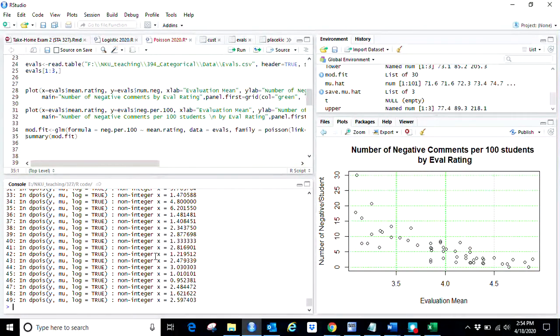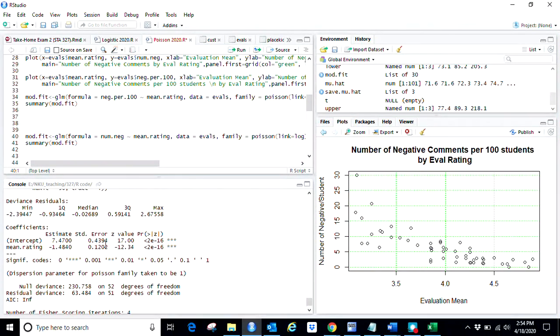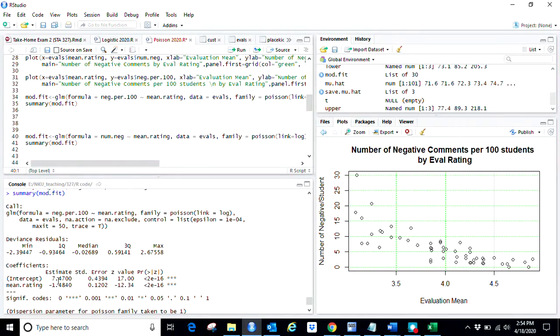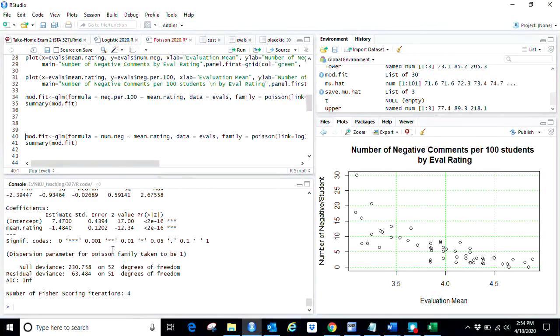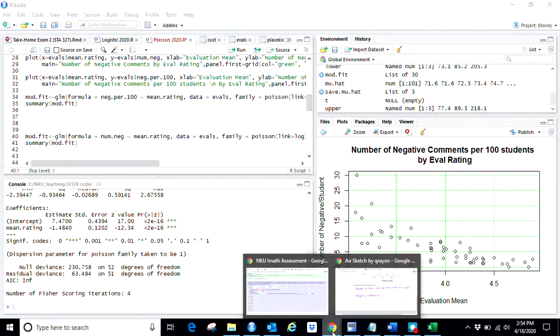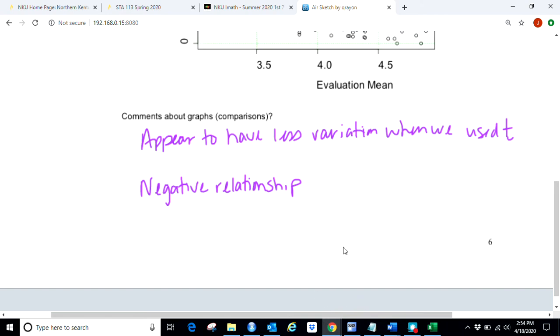So we're okay with that here. Now just running my summary. Again, I'm mainly focusing on this alpha hat and beta hat that I'm going to be working with there as well. So we're going to use that output to write out our prediction equation here.